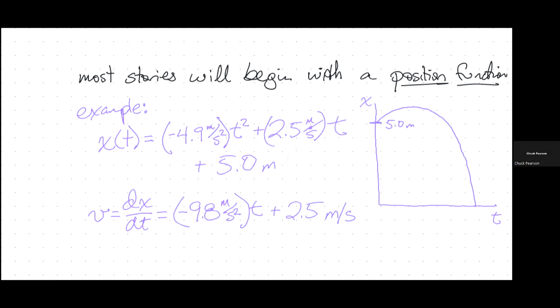Well, let's sketch out a velocity versus time function. V is equal to negative 9.8 meters per second squared times t plus 2.5 meters per second.